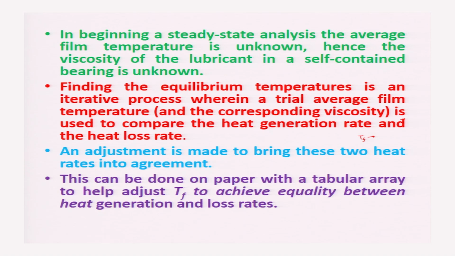This can be done on paper with a tabular array to help adjust TF to achieve equality between heat generation and heat loss.